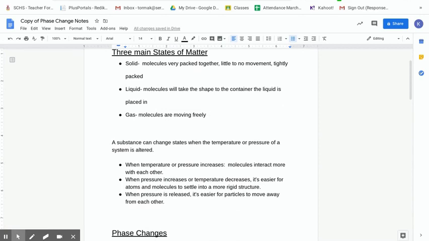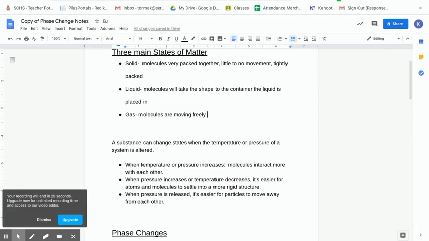So a substance can change states when the temperature or pressure of a system is altered. So just like if you put a thing of ice out and it starts to melt, you are changing that temperature. Therefore, it is changing its state from a solid to a liquid.